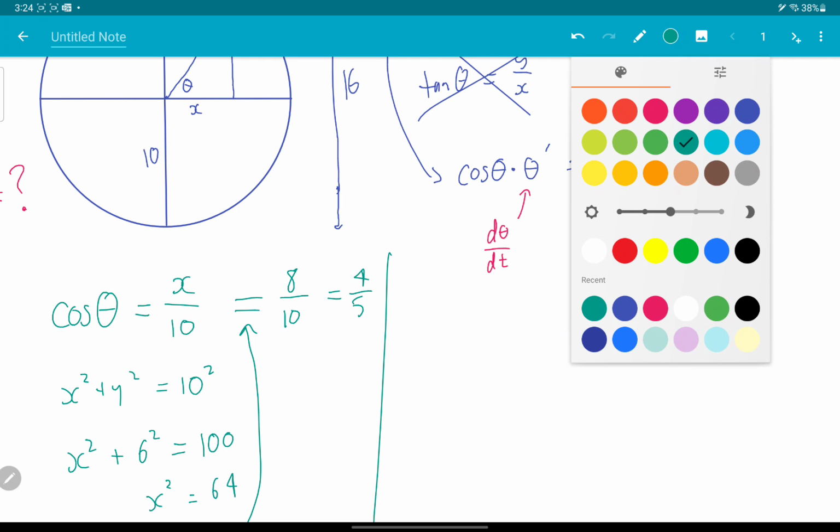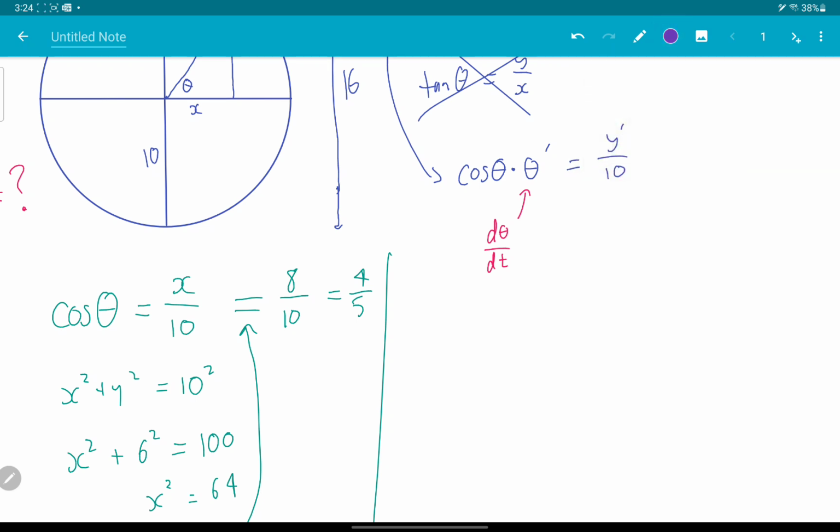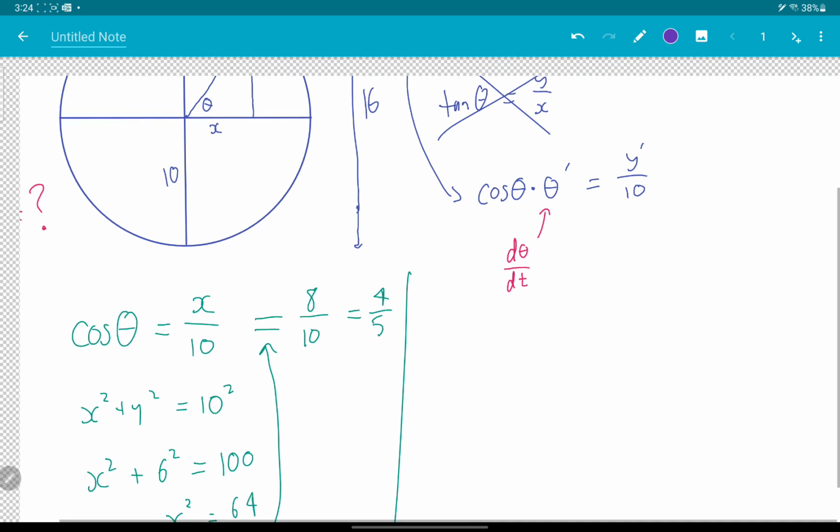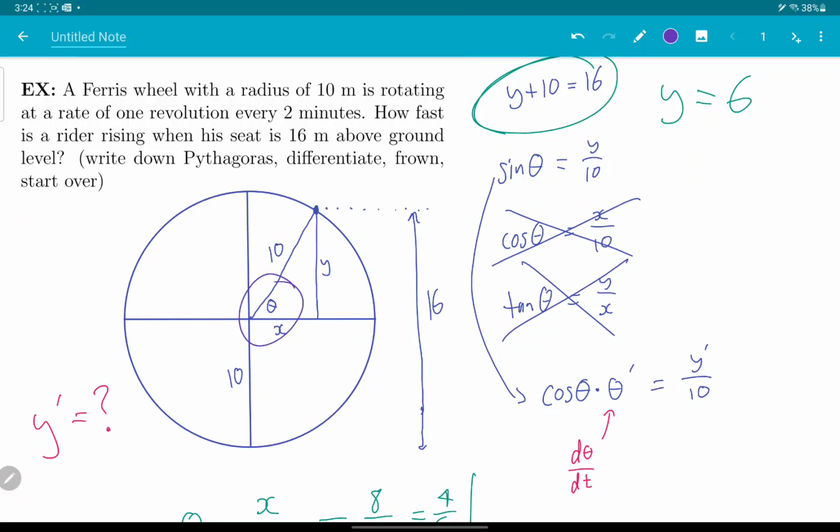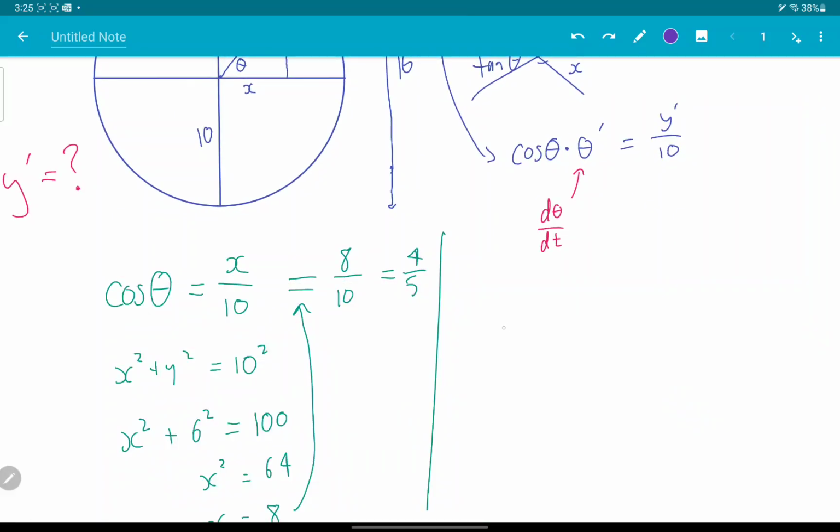Now, what is theta prime? Theta prime is going to need a new color. How about purple? Why not? Now we're told something about this angle. The rate at which it's changing, 2 minutes for every revolution. So the rate of change of this angle is one revolution over 2 minutes.